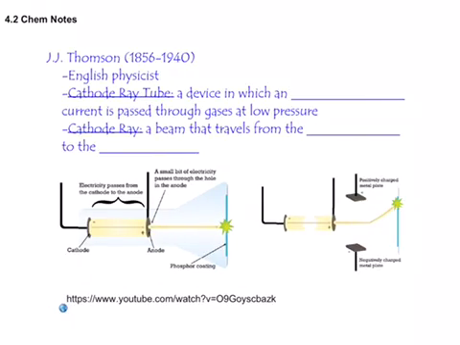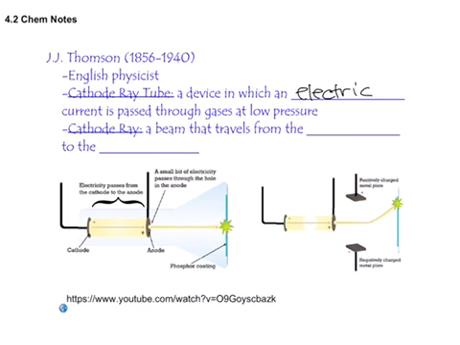So, an English physicist by the name of J.J. Thomson used a cathode ray tube and a cathode ray. And what he did was ended up discovering electrons. So a cathode ray tube is a device in which an electric current is passed through a gas at low pressure.